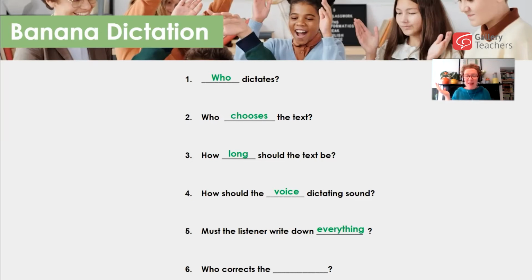No. And I asked you to write 1 or 2 keywords, and then I asked you to reconstruct the statements with your imaginary partners in our imaginary room. So again, in some types of dictation, yes, the listeners will have to write down everything, but not necessarily.